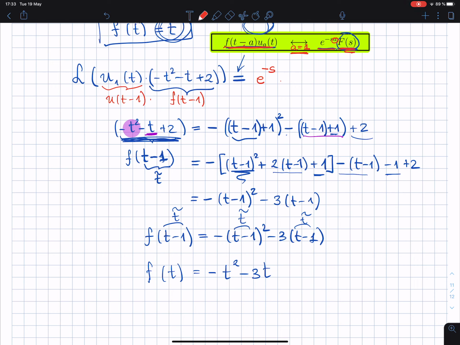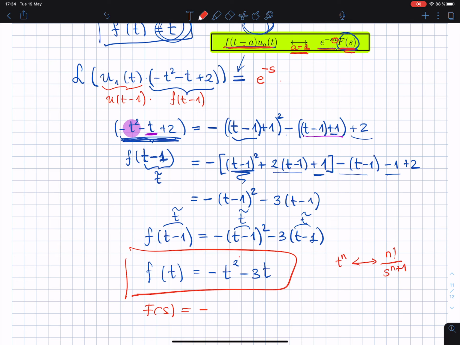But very careful, who is F of s? F of s is the Laplace transform of f of t, this function, okay? So who is F of s? The Laplace transform of this is minus, now remember, at the table of Laplace transforms, the one for polynomials.